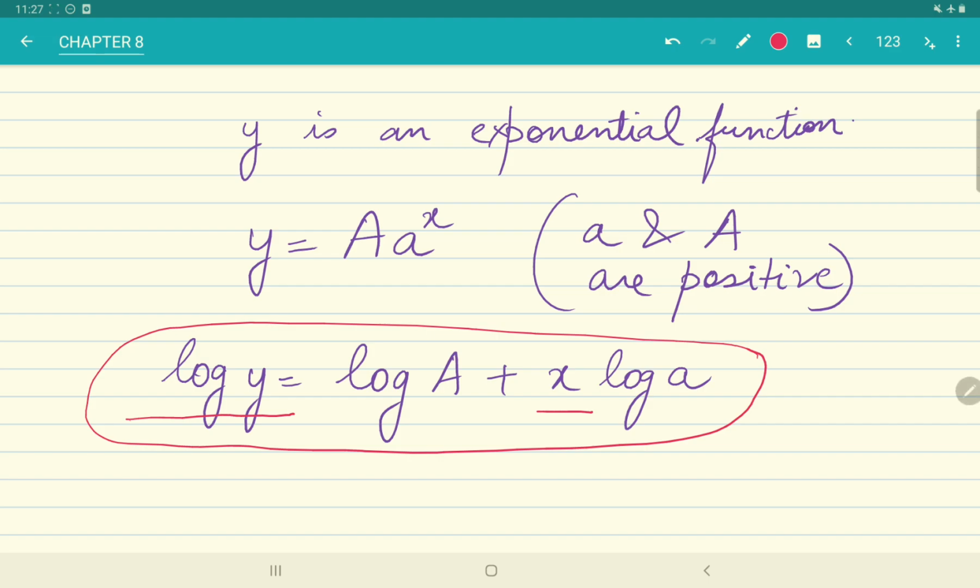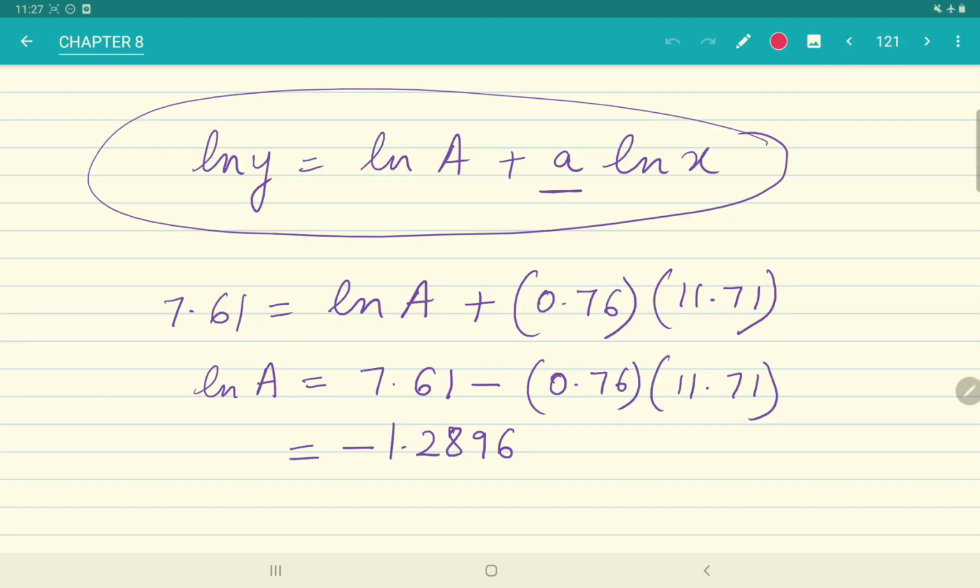Given this equation, it will give us a straight line with the slope log little a. So this is not a log linear relation. A log linear relation is when you have ln y and ln x along the vertical and horizontal axis respectively.